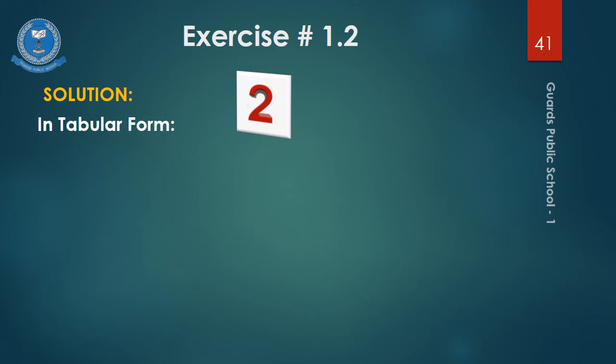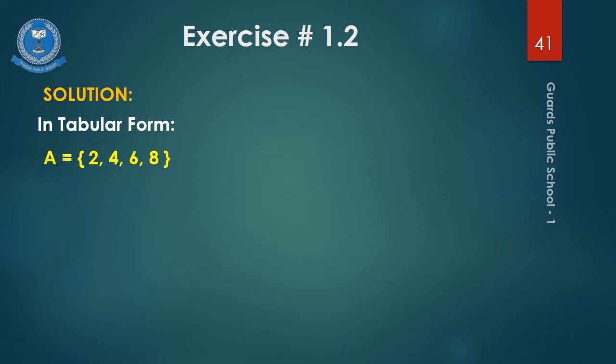So even integers less than 10 means write down 2, then the next even numbers 4, 6 and 8. What about 10? We are not going to write down 10 here, because in set builder form it is clearly defined that the positive even integer should be less than 10. That means we will not consider the digit 10. We will write only 2, 4, 6 and 8.